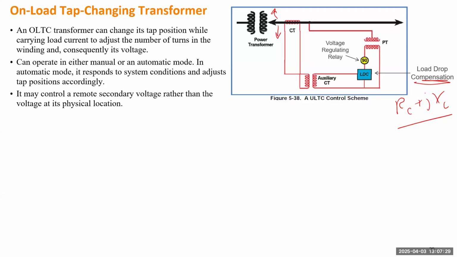and it can be just near the secondary side, or it's on a far location based on the load drop compensation component. But I have to emphasize the transformer is not the source of reactive power. It is something you can utilize to control voltage, but it's not the source of reactive power. Why?